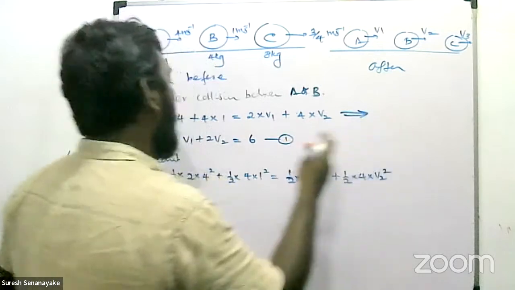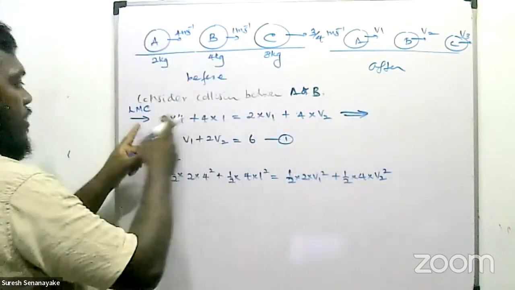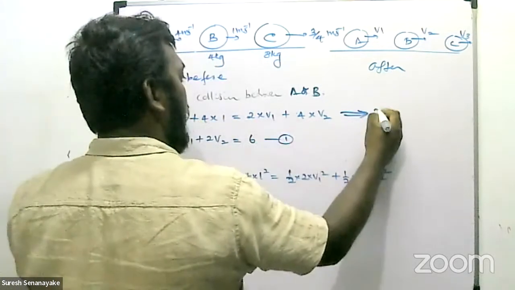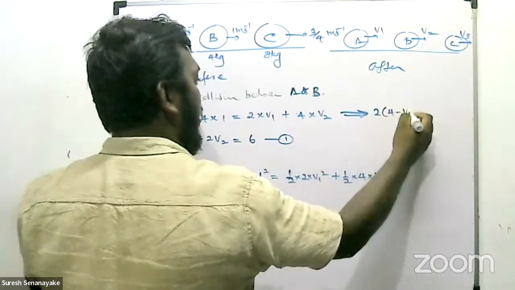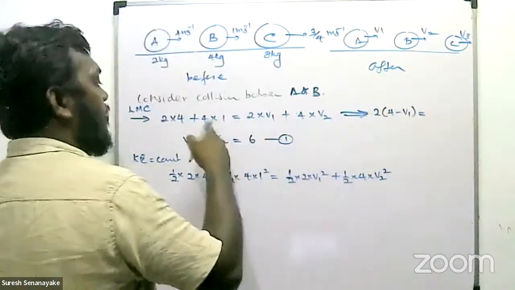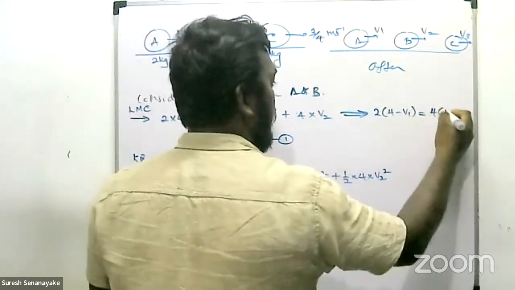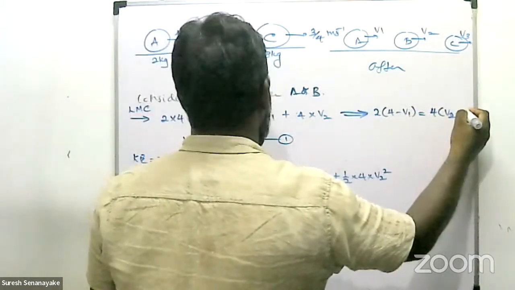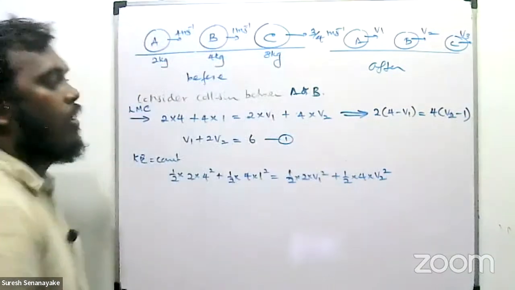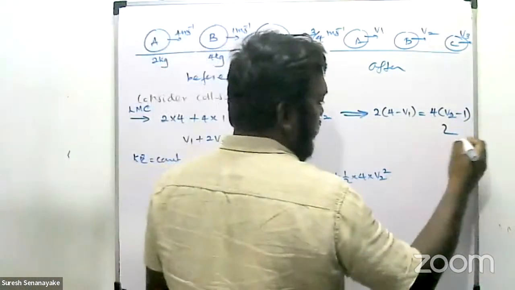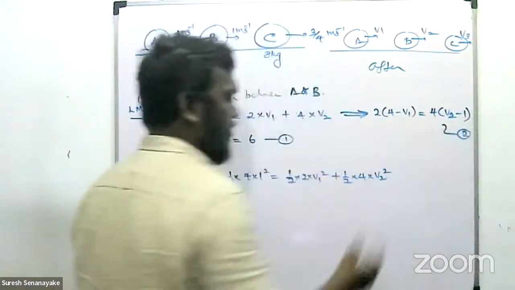I'll make a simple condition, taking this to one side and that to the other side. So take out 4 minus V1 here, and 4 taken out, that's V2 minus 1. Still I take this as the second equation.